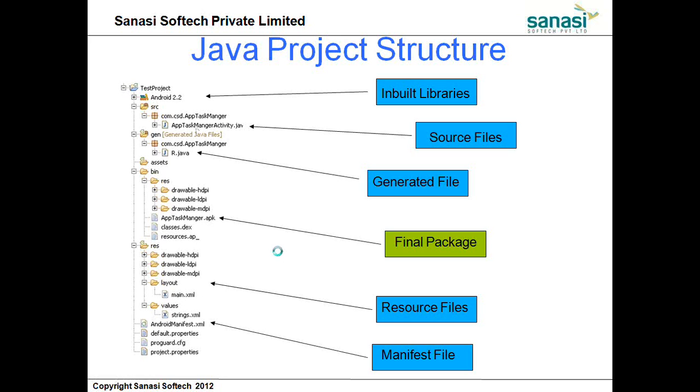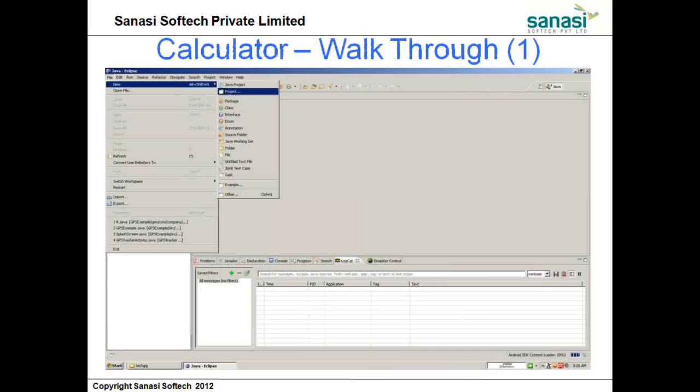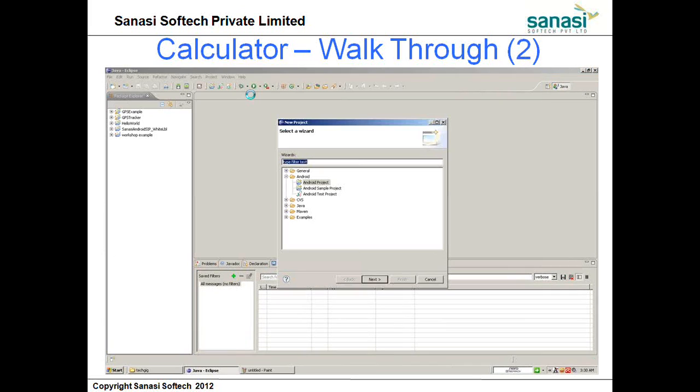Okay, so now here's a quick set of screenshots that you can look at. Since we are short of time, we already have the project ready, and we'll look at the project. But in the meantime, just a quick look at what are the steps involved. You start Eclipse, then you click on File, New, and Project. Once the wizard pops up, on the next screen click on Android Project.